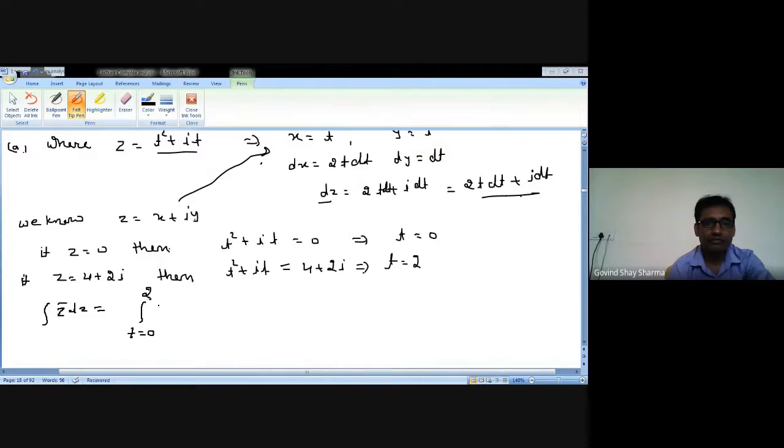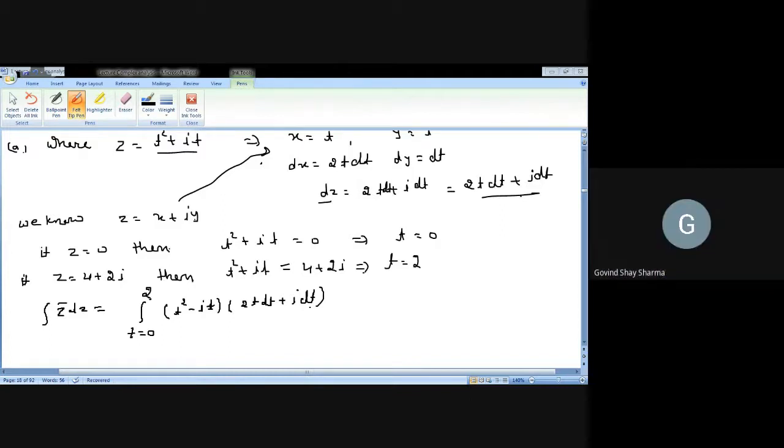Z bar we know is t square minus iota t, because x is equal to t square and y is equal to t. And dz is 2t dt plus iota dt. All the equations change in the form of t.